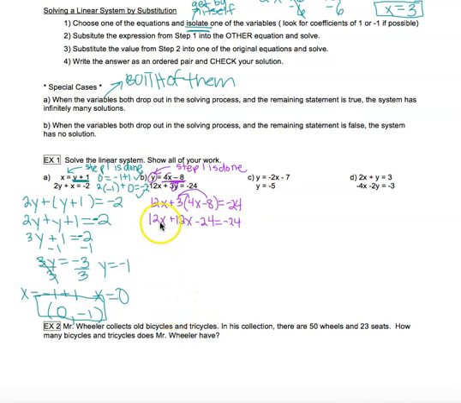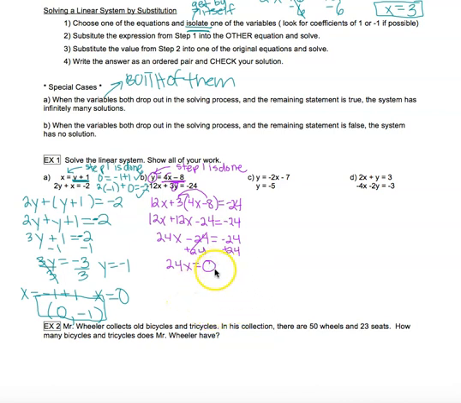So still not done. I've got 12x plus 12x, that's 24x, minus 24 equals negative 24. Now add 24 to both sides. Those cancel. 24x equals negative 24 plus 24 is 0.